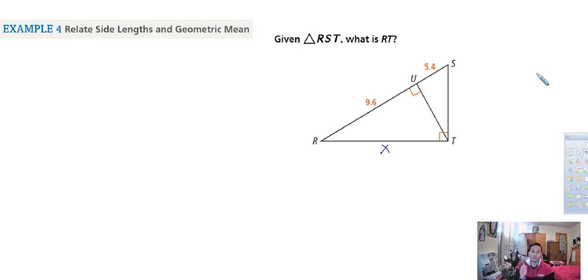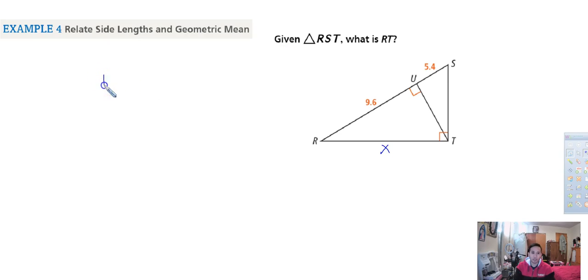So again, by theorem 7-4, it's very important that we justify our answer using theorem. RST is similar to RTU. Use the properties of the similar triangles to write a proportion. So I'm going to write a proportion here. Again, if you are having difficulty, you can redraw that.